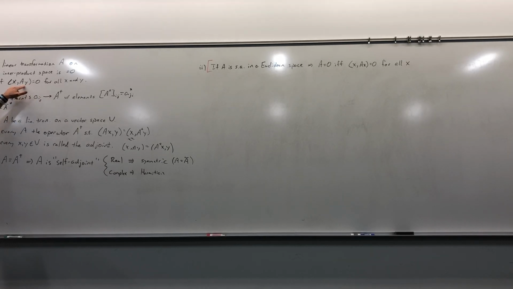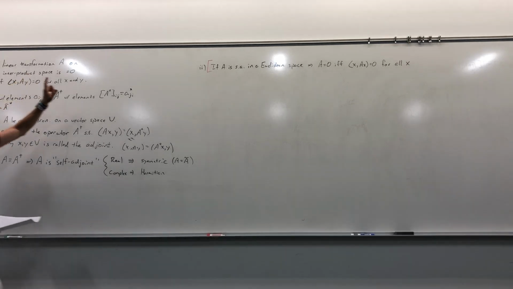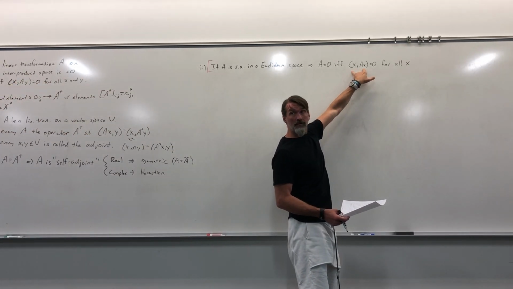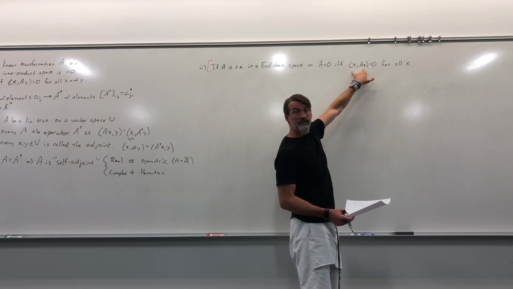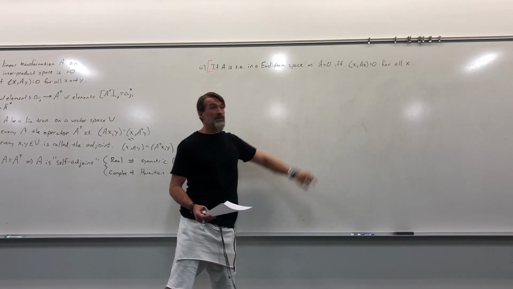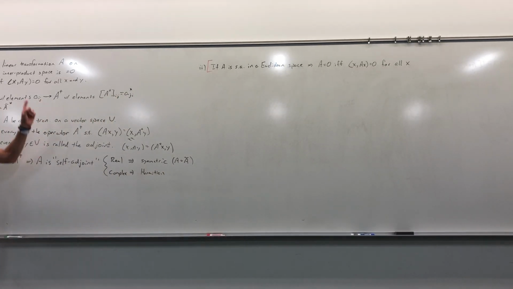So this includes x and x, sure, but it also includes a different vector here than here. It includes the same vector and different vectors. For this one, it's only if you use the same vector. Okay? Can everybody see why this is a stronger statement than this one?